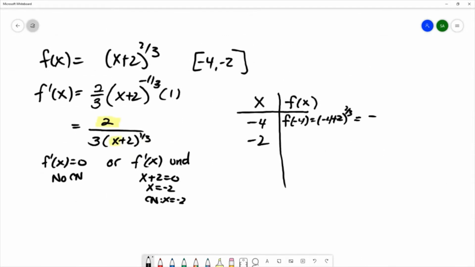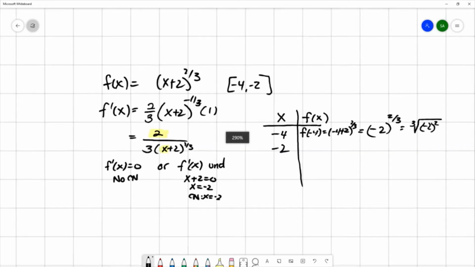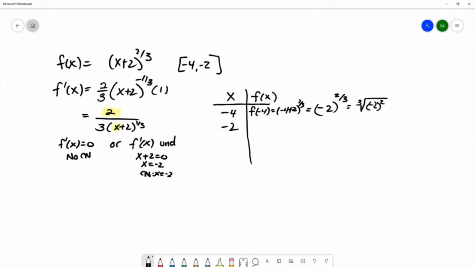That's (-2) to the 2/3 power. The 2/3 power means the cube root of (-2) squared. So that's the cube root of 4.